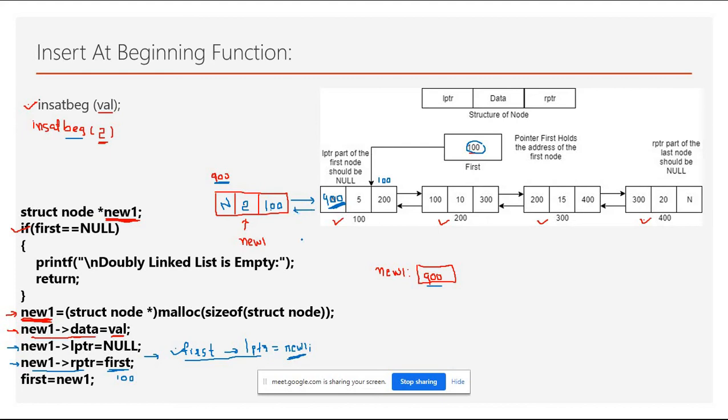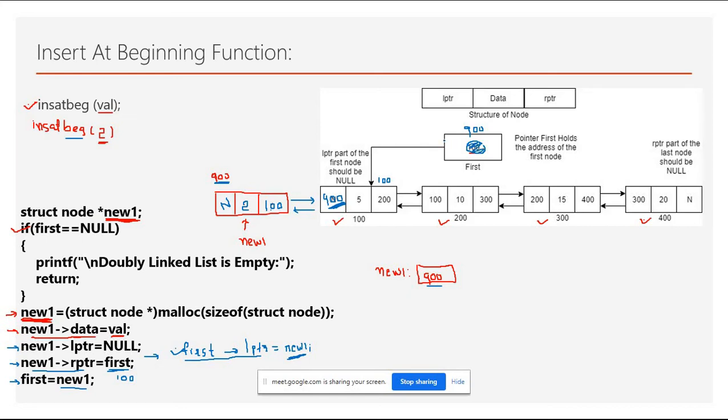And now you just have to write this line, so that now your first is not pointing to 100, but is pointing to new one. New one is 900. So this 900 you are copying into first. So now your first is having 900. It will not be 100, it will be 900.